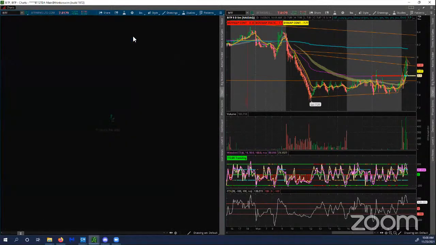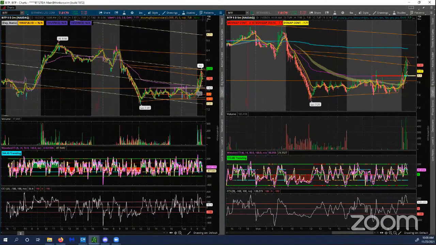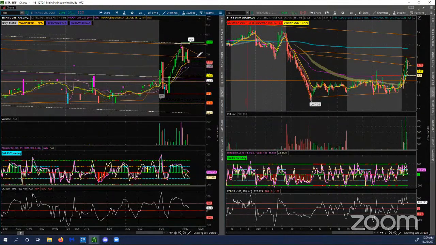Came down, we came back up, kind of flagging a little bit. Your KTTA is starting to inverse head and shoulders. Pop up, come down.